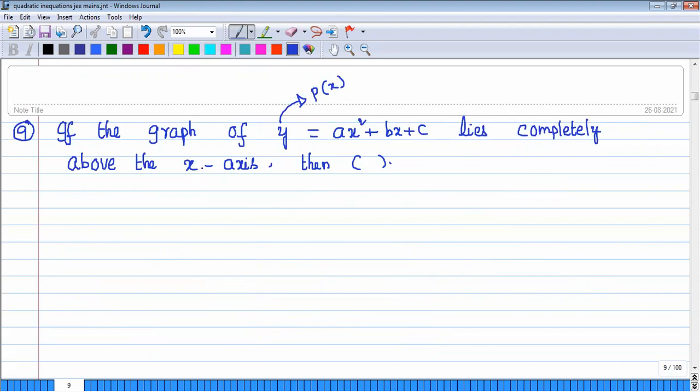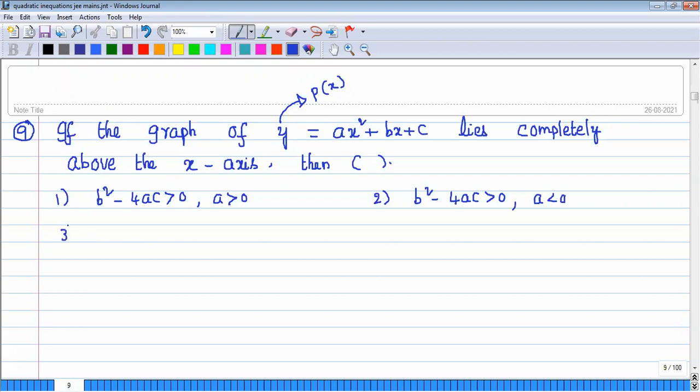Then what are the conditions to be satisfied? First option: b square minus 4ac greater than 0 and a greater than 0. Second: b square minus 4ac greater than 0, a less than 0.